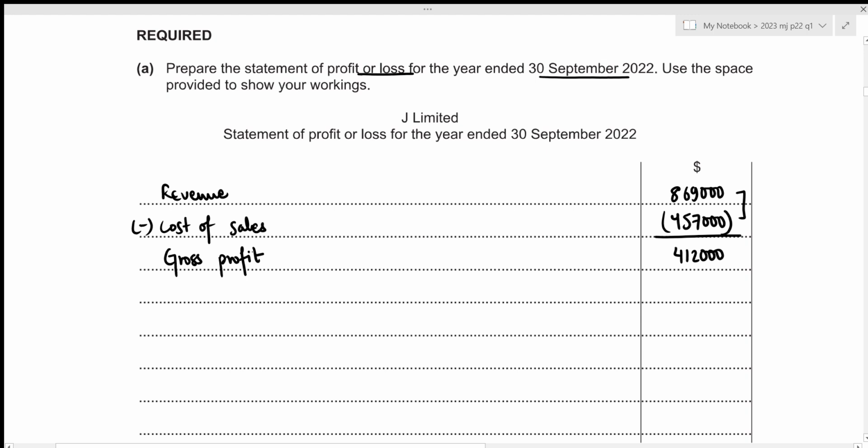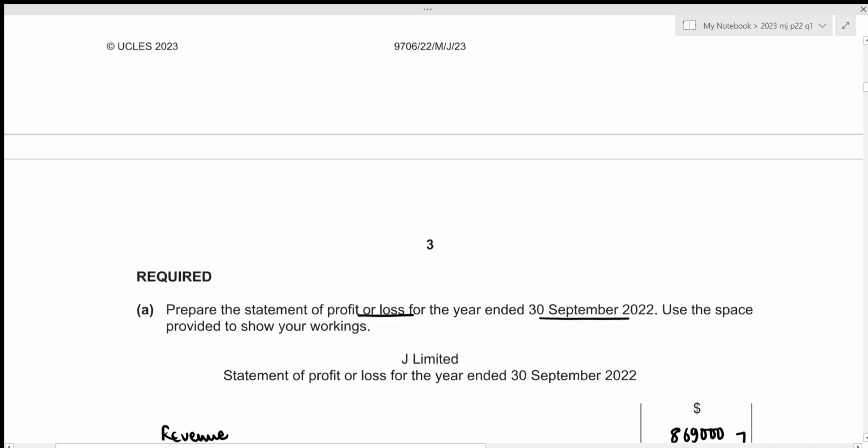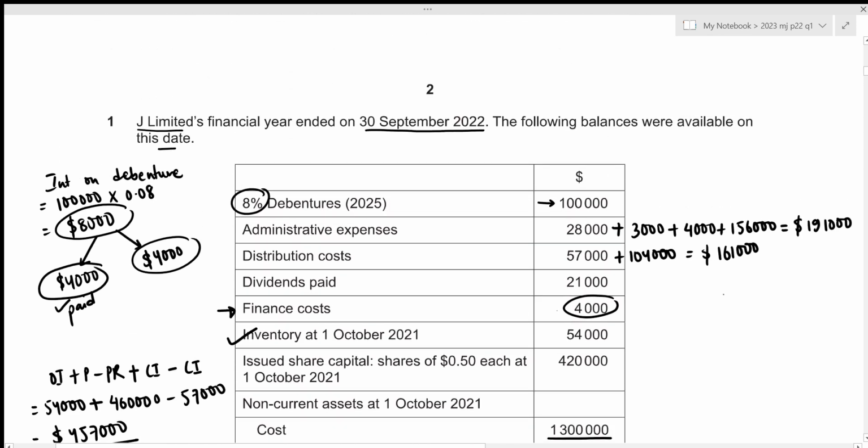Now we have already calculated the total for our administrative expenses and distribution costs. So we can just subtract those. We have administrative and then distribution. So the administrative expenses was 191,000 and the distribution is 161,000.